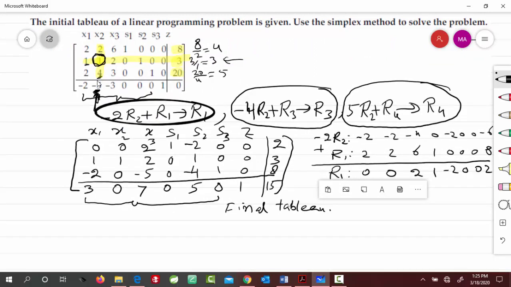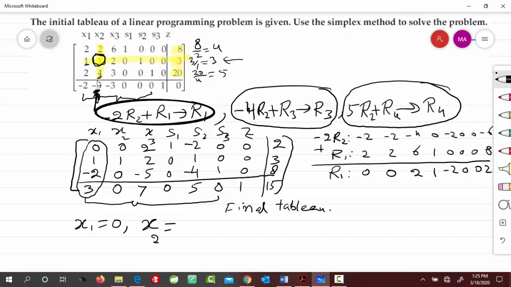For x1, in the first column there is more than one non-zero number, so x1 has value 0. For x2, there is only one non-zero number.